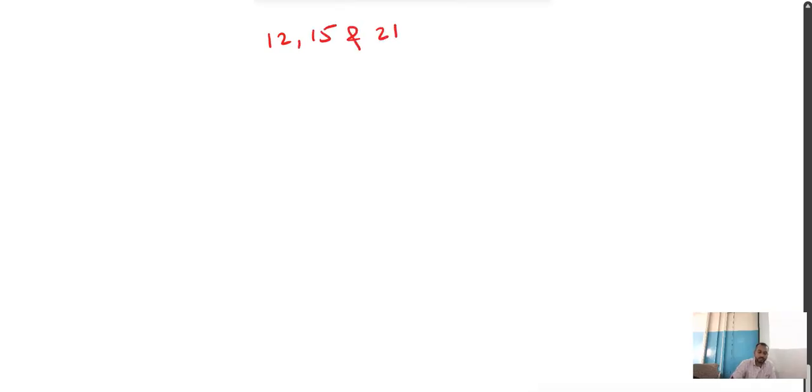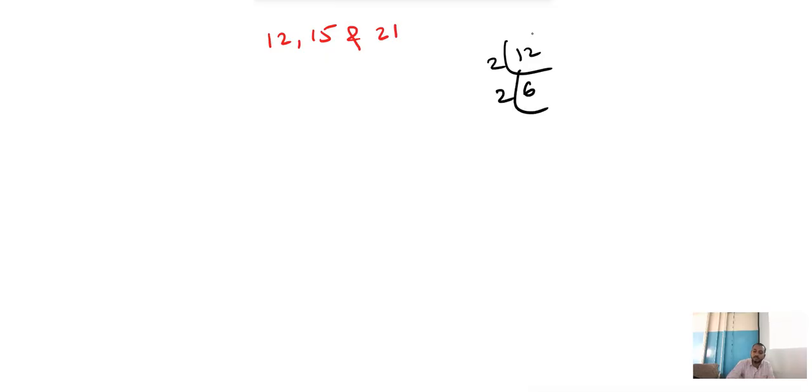Find the HCF and LCM of 12, 15 and 21 by using prime factorization method.